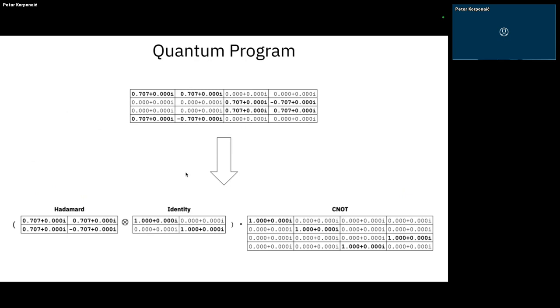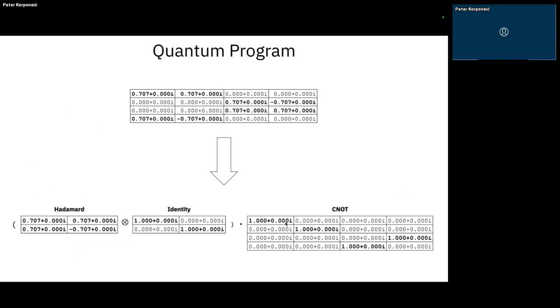So in this case, I decomposed this matrix into three smaller matrices. And in quantum computing, matrices have names. For example, this matrix here is called Hadamard. So this is Hadamard matrix. This is identity matrix, which we all know. And this is C naught or controlled X operation.